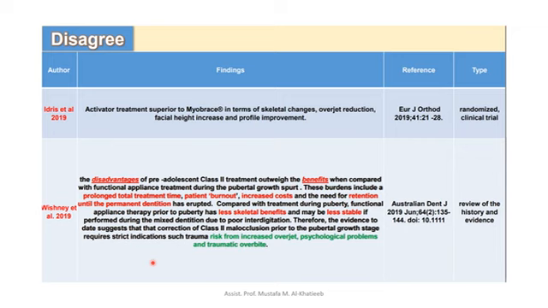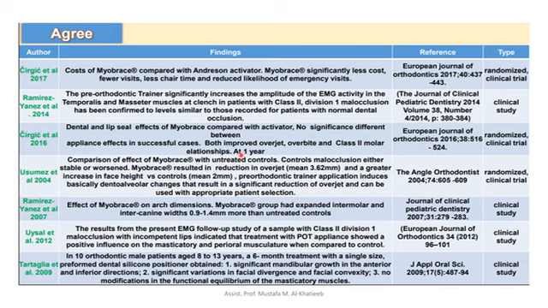These burdens include prolonged total treatment time, patient burnout, increased cost, and the need for retention until permanent dentition, but there is also risk from increased overjet, psychological problems, and traumatic overload. While other researchers agree, they did different randomized clinical trials and clinical studies, and they concluded as follows.